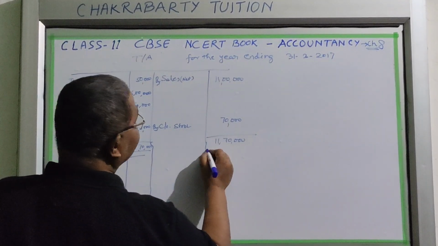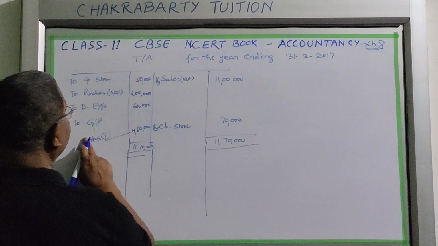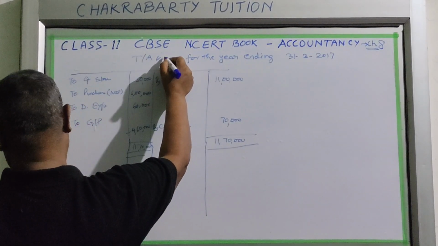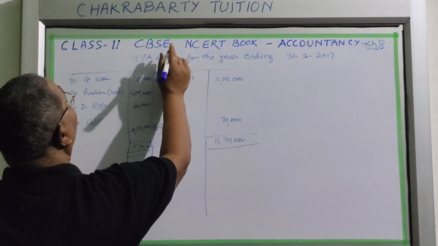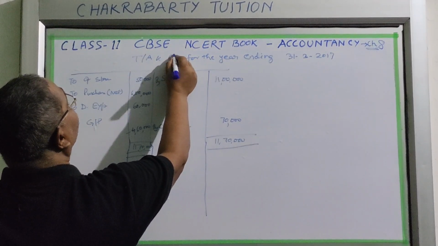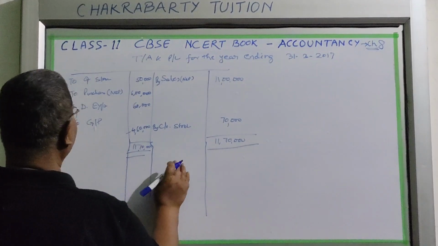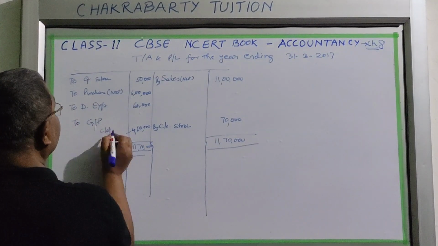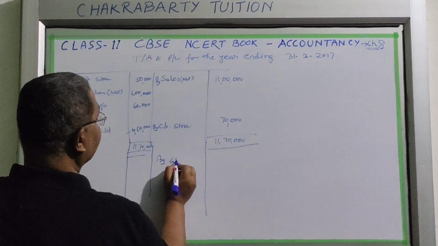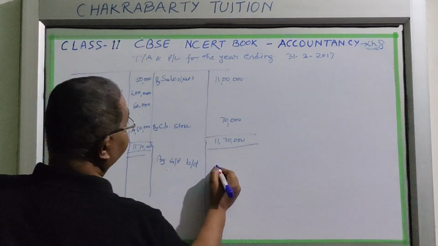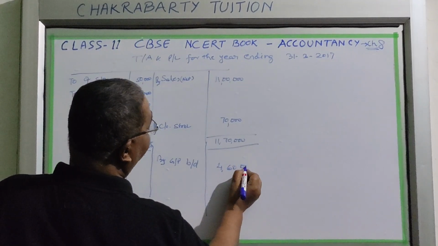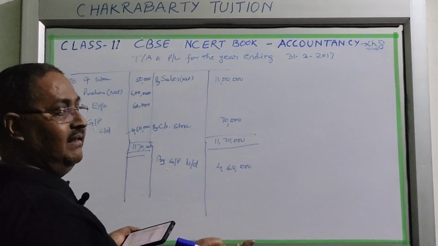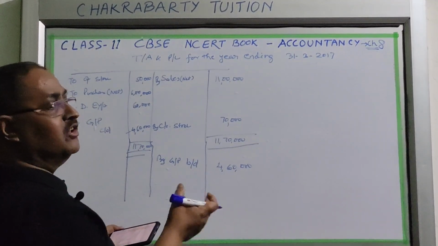So all other items also with this gross profit, now what we will do, because it is trading and PL account, because here itself we are making the operating profit. So GP carried down, GP brought down, 4,60,000. Only non-operating items like dividend, interest on investment, bank interest, these are non-operating. So this will not come.